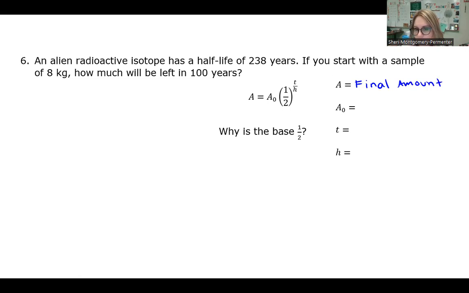So it's your initial amount. So this is also your starting, how much you start with. What do you think T stands for? Nope. Time. It's also another T word.